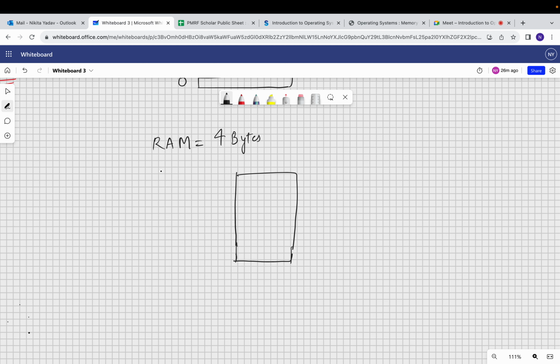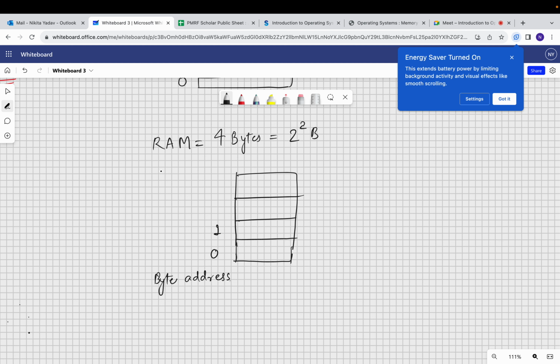Your RAM is of size 2 to power 2 bytes, so it has 4 bytes, and the byte addresses are 0, 1, 2 and 3.